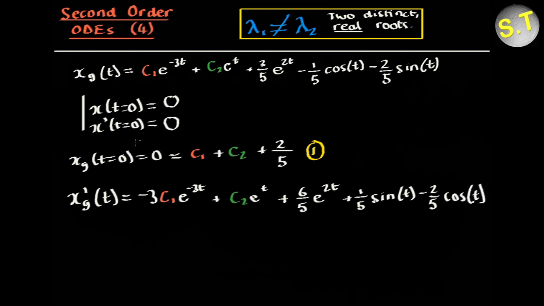And now all we need to do is just input our initial value here. So at t equals 0, and as before we just plug in a 0 everywhere there's a t.